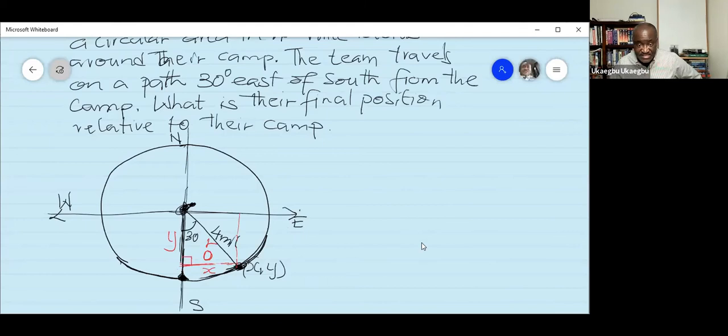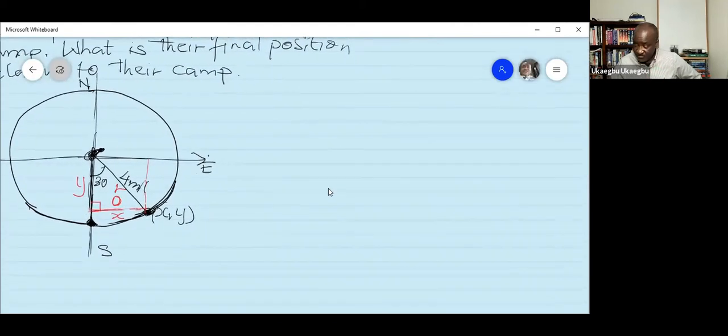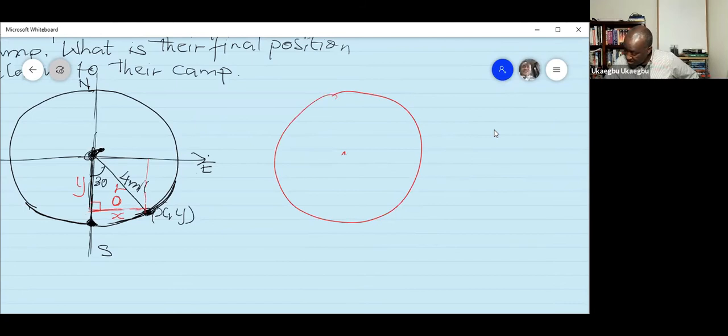Okay, so if this were to be a unit circle, which is what I was trying to write, this is 1, and the coordinate here would have been 1 over 2, comma, negative square root of 3 over 2.